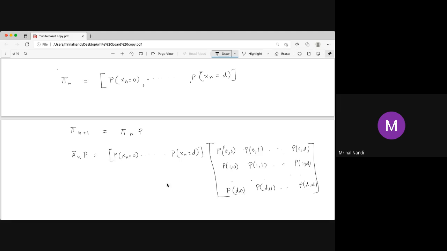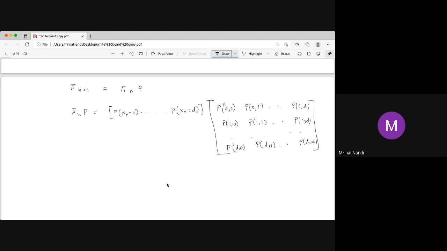Now, if we want to find some element, say the I plus 1th element, what will that be? The first element comes from this row, probability of xn equal to 0 through xn equal to d, multiplied with the first column. It's like a dot product.